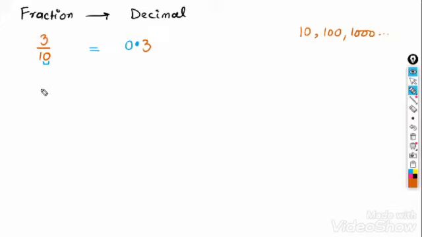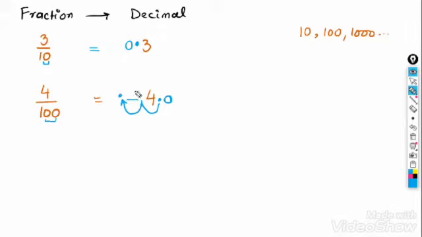Now let's take another example. For example, I have 4 upon 100. As there is no decimal point, I will just put my decimal at the end of the whole number. In this 100, we have two zeros, so the decimal point will shift backward and it will take 2 steps. So my first step and my second step. So my decimal point is right here, but this spot is empty.